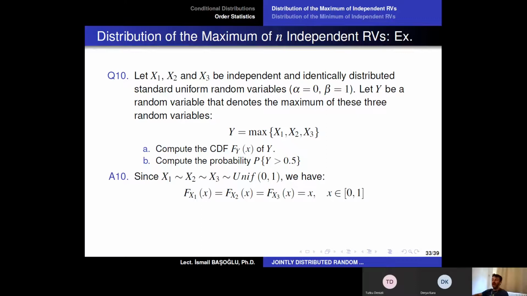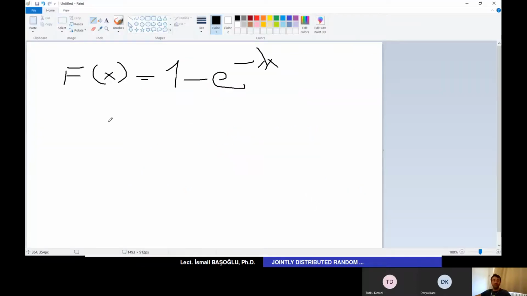Now, for part A, the CDFs of x1, x2, and x3 are uniform. They are uniformly distributed. The CDFs are equal to what? Simply equal to x. Why? Because you remember, for uniform random variables, the CDF is defined as x minus alpha divided by beta minus alpha.